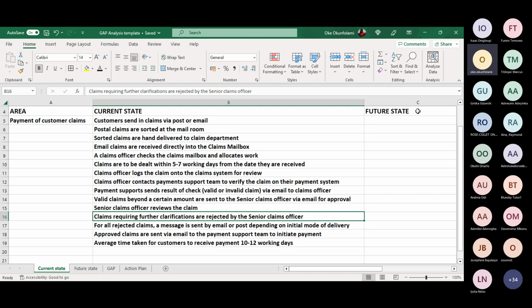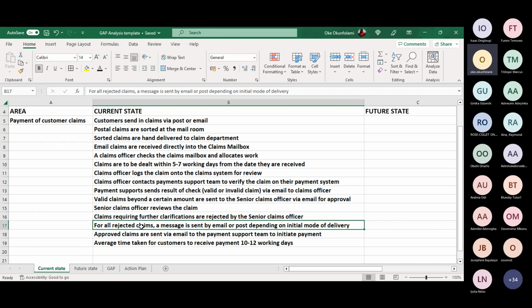Okay, now, so let's go back here. You see where they say valid or invalid claim. So we've done the valid claim scenario, right? So if it's an invalid claim, then they will still email the claims officer to say that it is invalid, right? So for all rejected claims, a message is sent by email or post, depending on the initial mode of delivery.